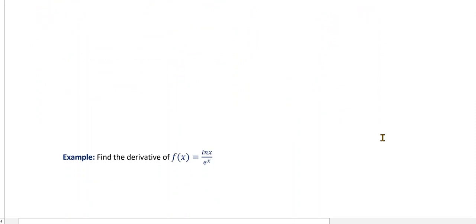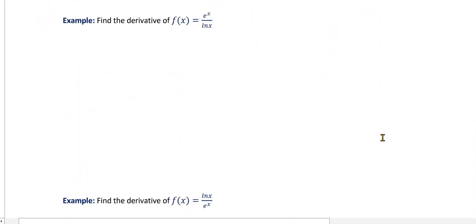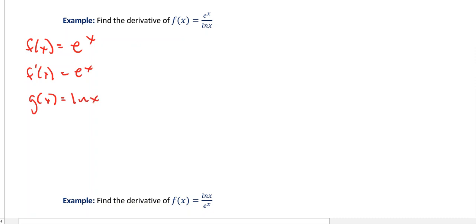And here's one with a logarithm. So the numerator is e to the x, and its derivative is e to the x. The denominator is the log of x, and its derivative is 1 over x.